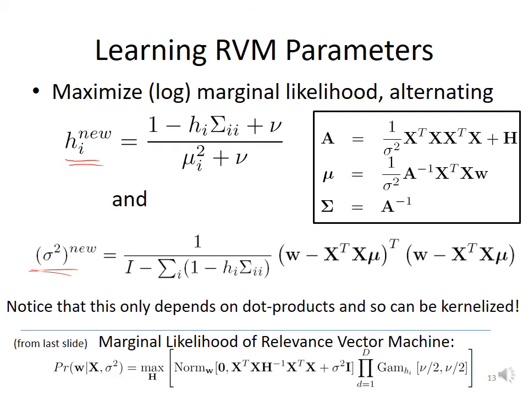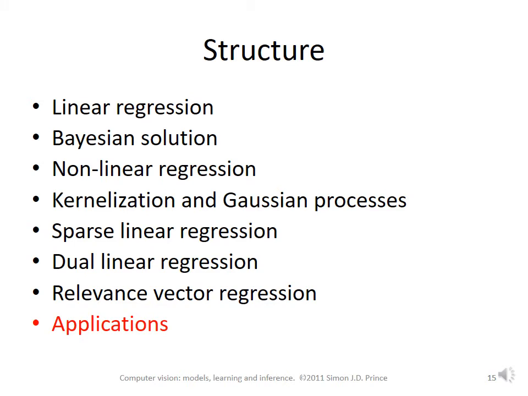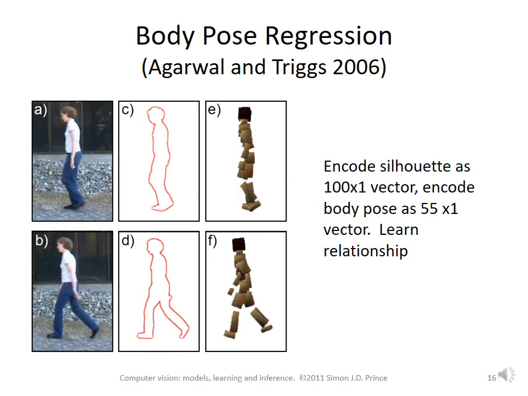If we recall, when we were doing EM learning of our model parameters for sparse linear regression in the primal domain, it looked exactly the same, except, of course, all of our subscripts were over the d dimensions.